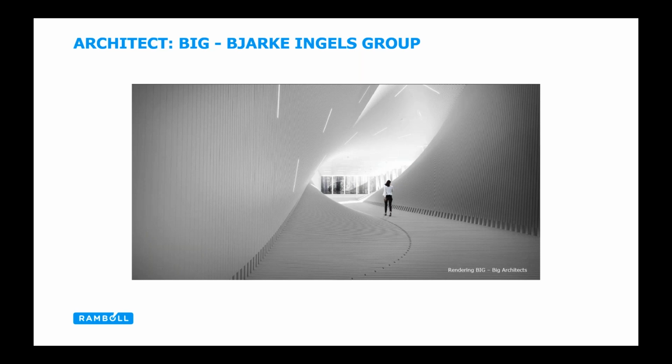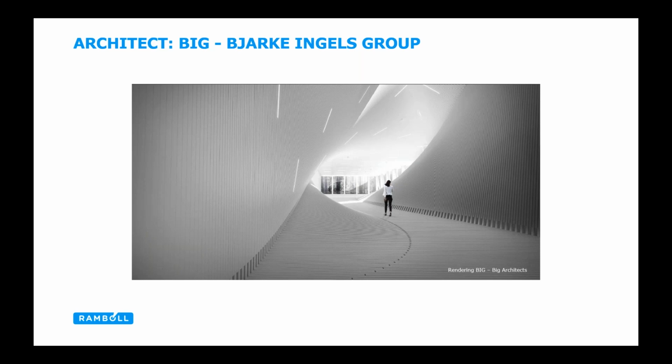This is a Danish company that grew up to become pretty much an international company with multiple offices around the world. And they do those very artistic pieces of architecture, these special buildings and structures that really amaze people and are put in special places.